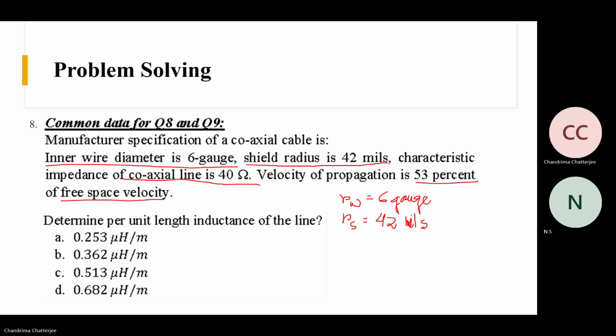And characteristic impedance. What is characteristic impedance? Zc is equal to square root of L upon C, where L is the per unit inductance and C is the per unit capacitance, per unit length, of course. This is also given equal to 40 ohm.